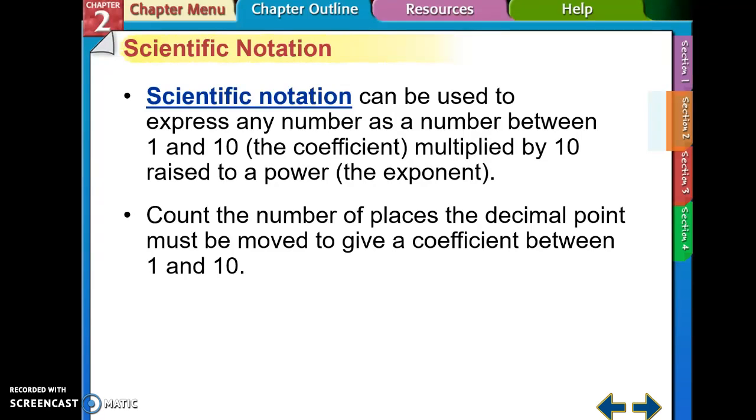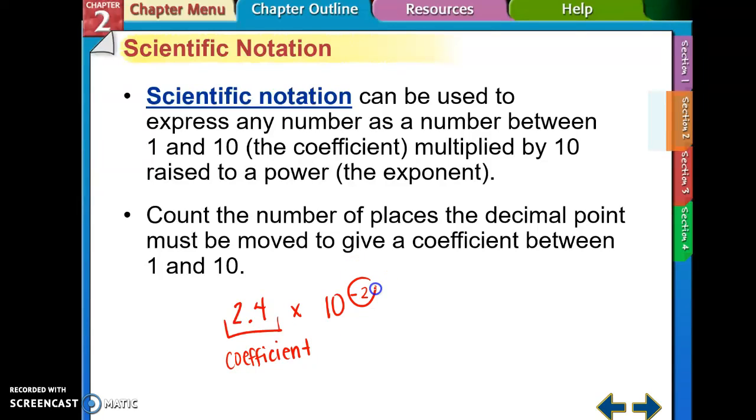So if I have a number that is written in scientific notation, so 2.4 times 10 to the negative 2. What this tells me is that 2.4 is my coefficient. Alright, so that's a number between 1 and 10.